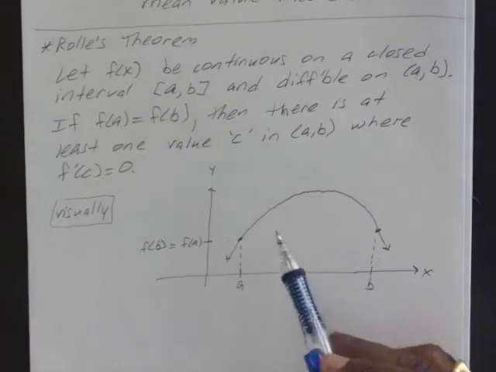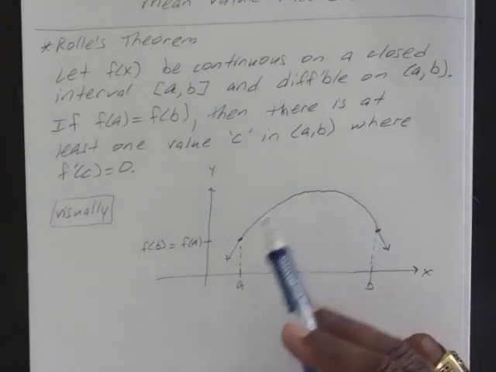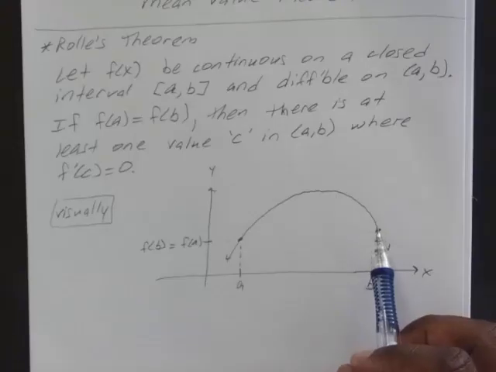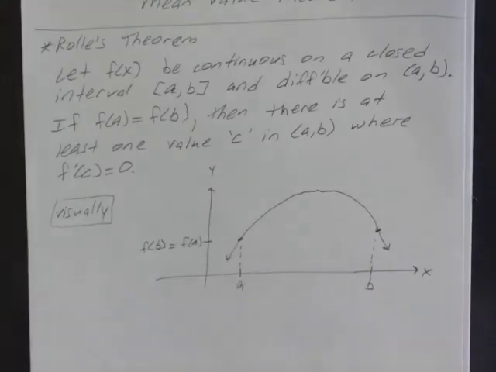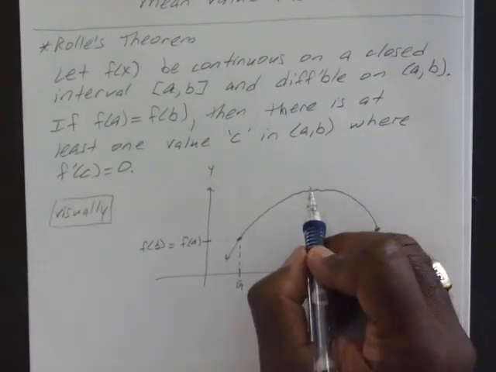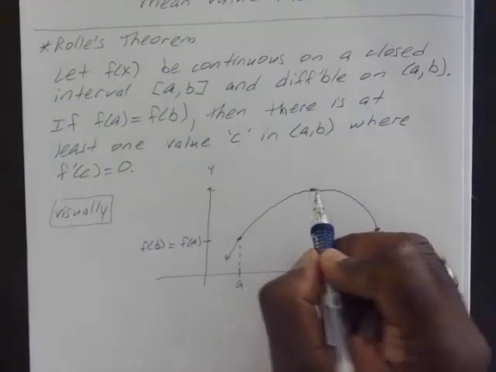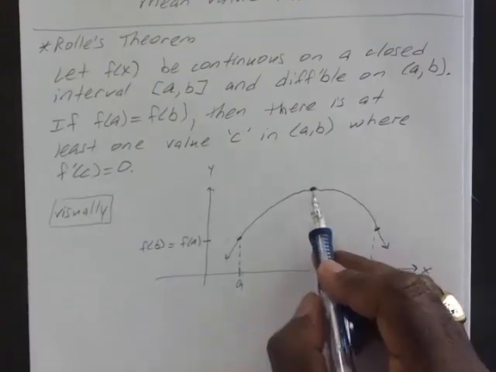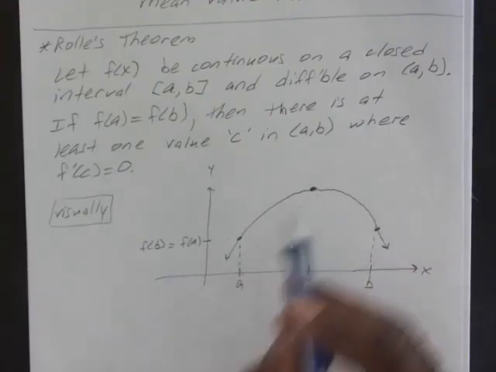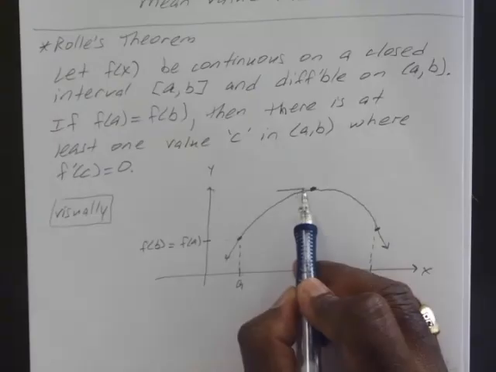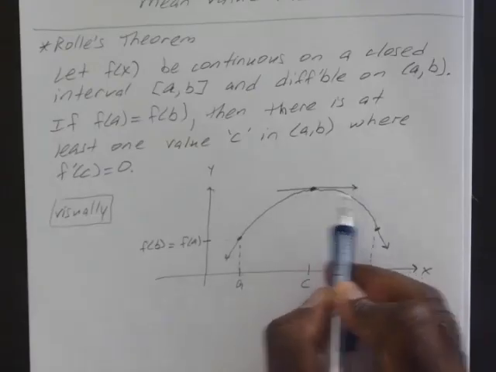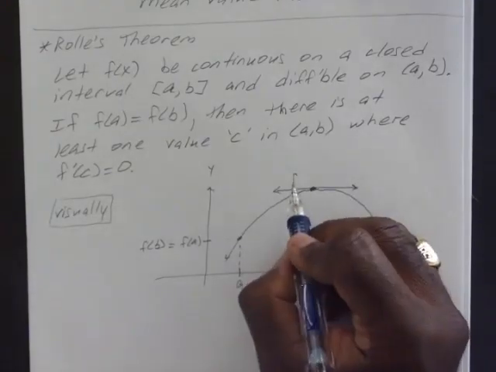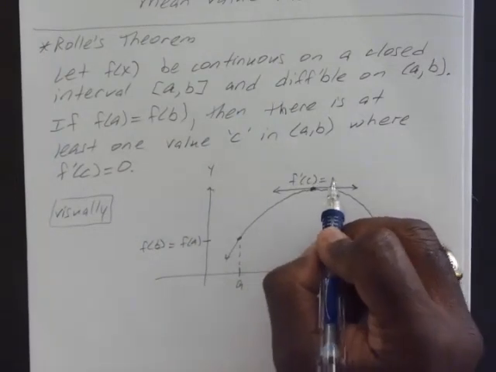So that means somewhere along the line, this graph had to turn around in order for those two values to meet, which means if it turned around, then there exists some point between a and b, and that point we will call point c, where your f prime of c is equal to 0, or your slope of the tangent line is equal to 0.